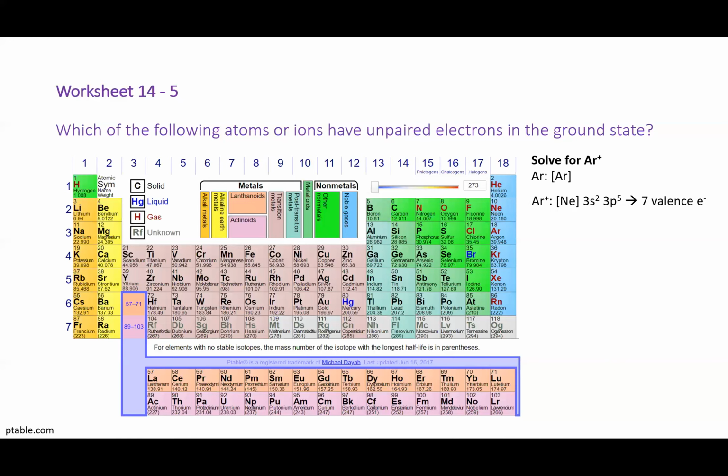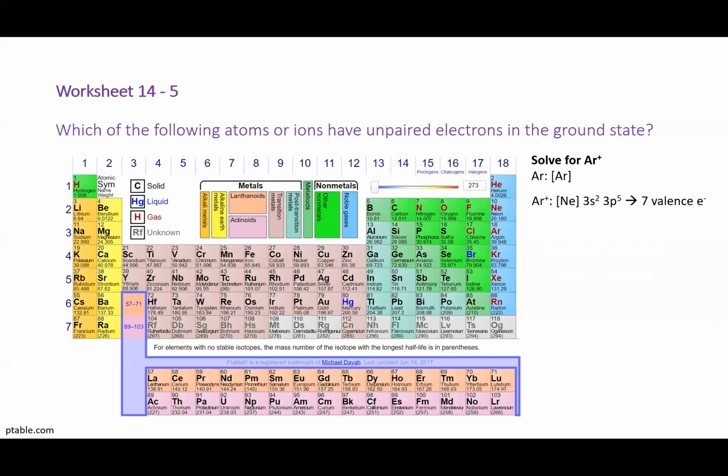And we go up to the next noble gas, which is neon, and we start filling from the lowest energy orbitals, which from here we're looking at the 3rd period, so 2 electrons in the s orbitals, and if you're losing 1 electron, then you're only filling 5 electrons into the p orbitals here. So in total, you have 7 valence electrons.